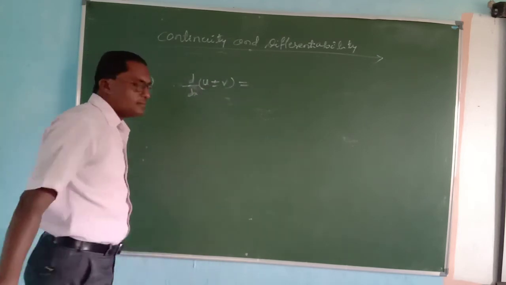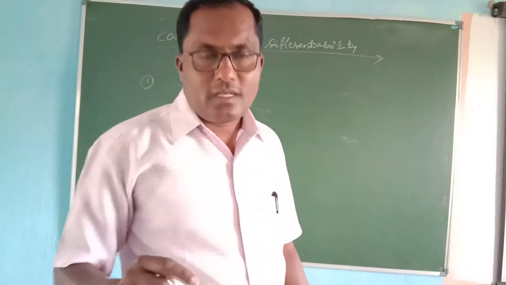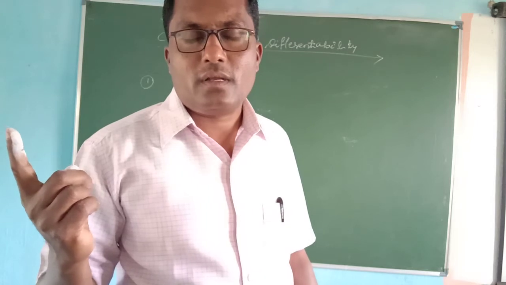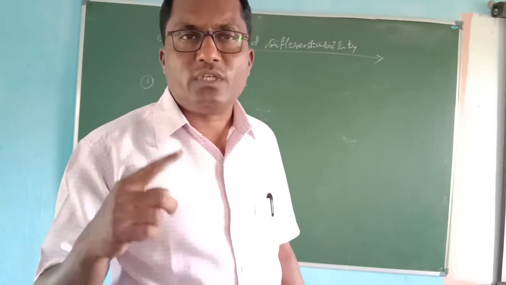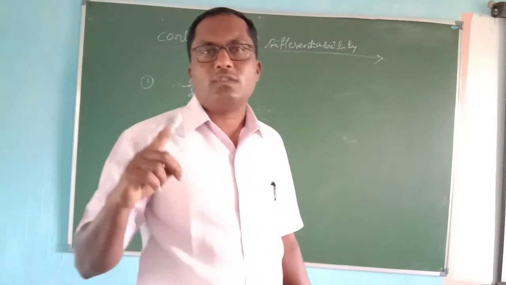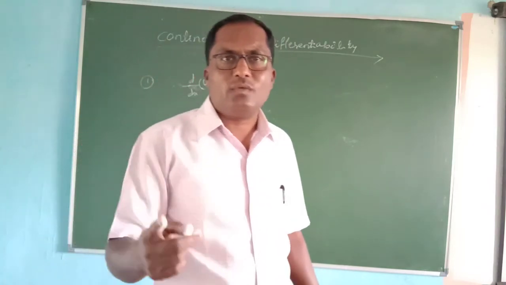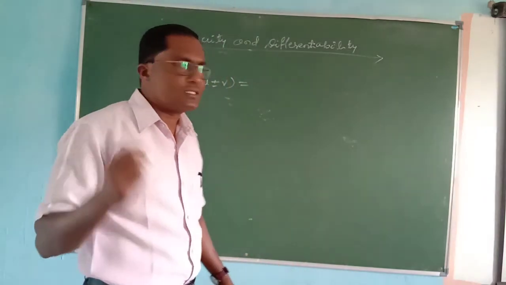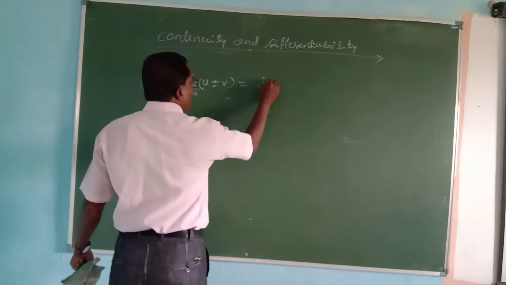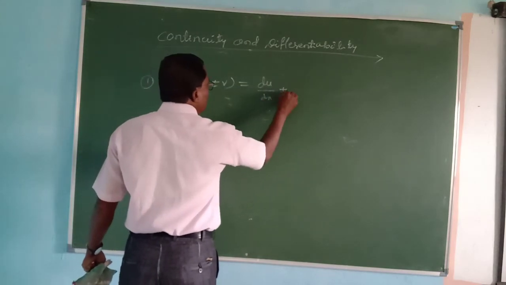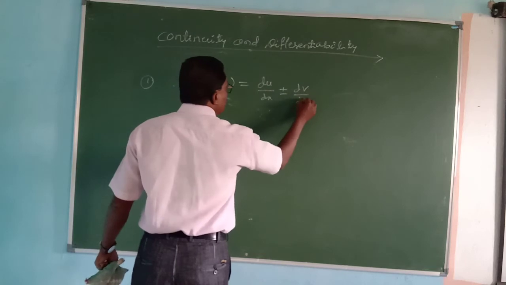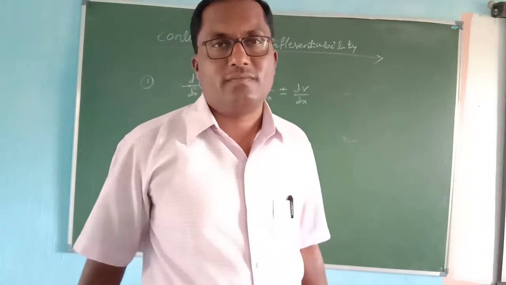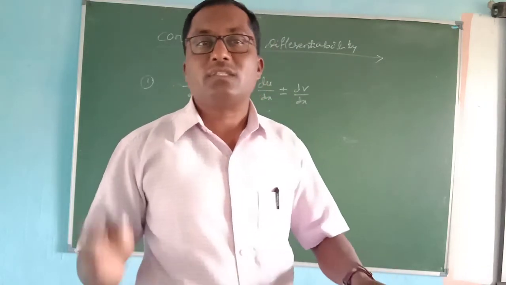It means sum and difference. If you use sum, you use the plus sign; if you use difference, you use the negative sign, subtraction, minus. So I write du/dx plus or minus dv/dx. This is called the sum and difference rule.